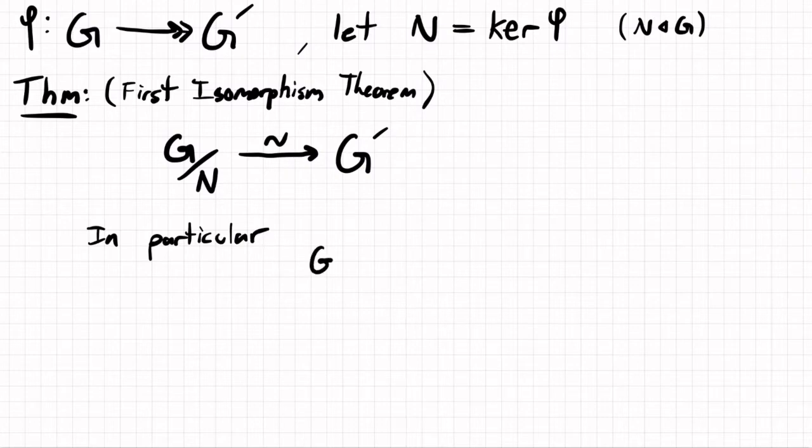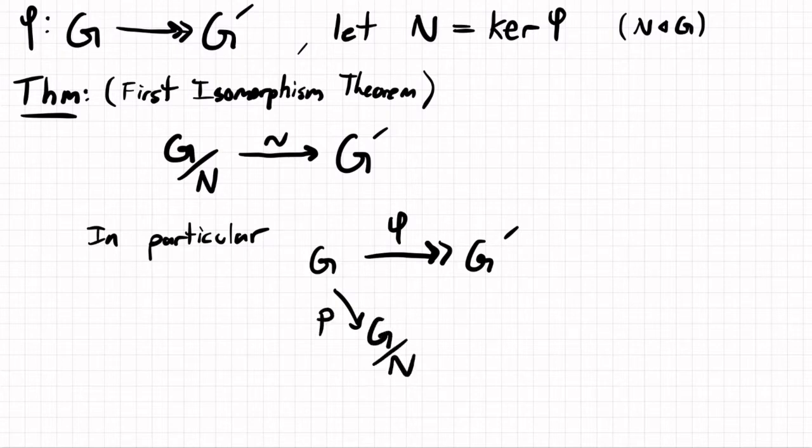G is going to map to G prime by phi, and then this is going to be, let me call it P, the projection from G onto G mod n. And so the theorem says that we can fill in this diagram with another map.